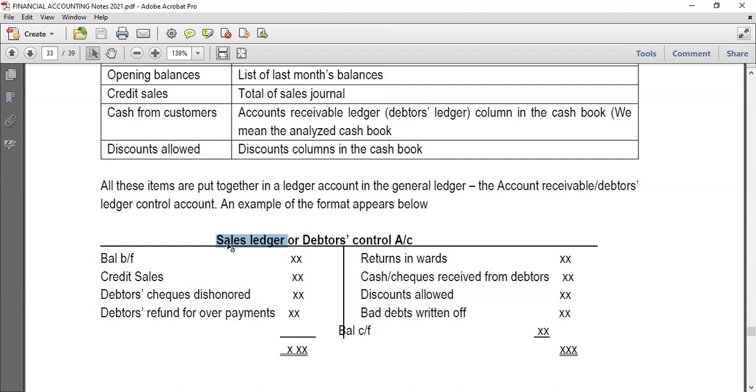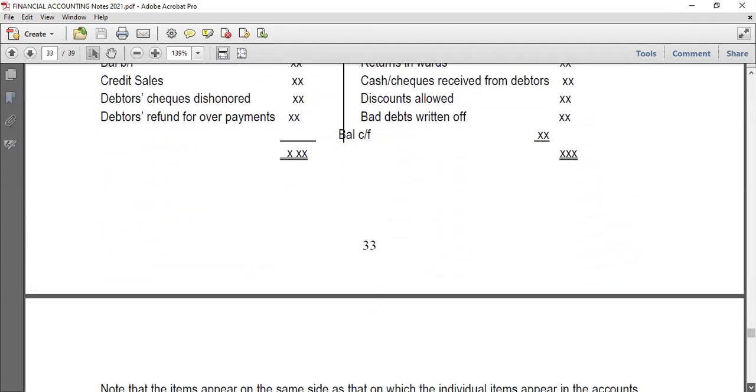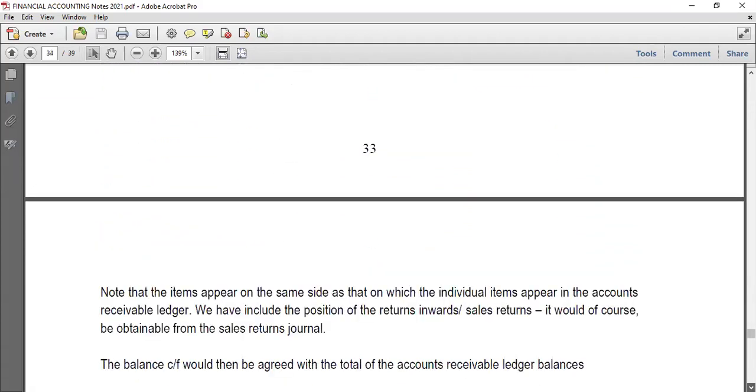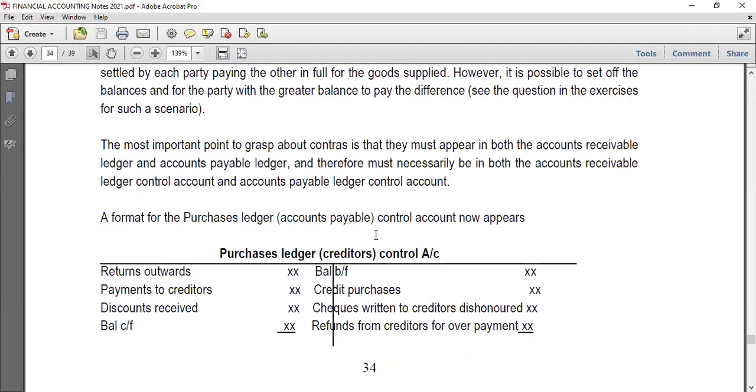The reason why we are bringing sales and debtors here is because the debtors only arise after we've made the sales, okay? So that is a very similar thing when it comes to our accounts payable. So our accounts payable control account can also be called the purchases ledger control account, okay? So that is very important for you to know.